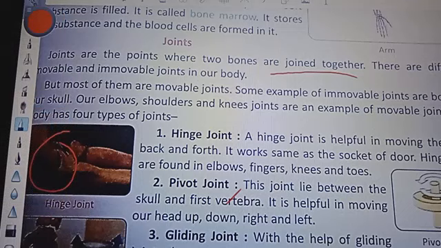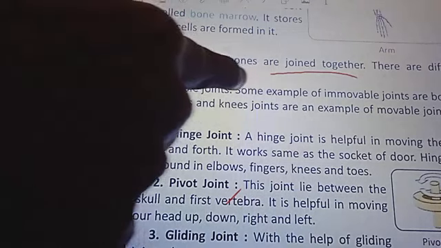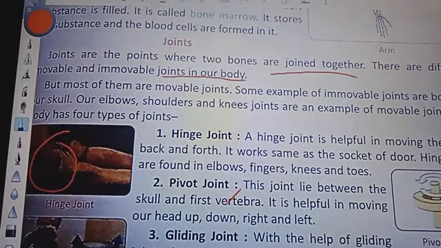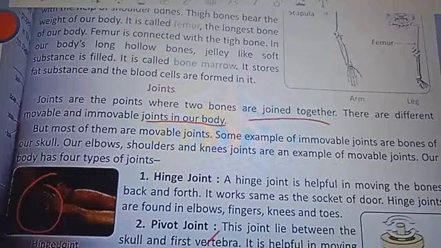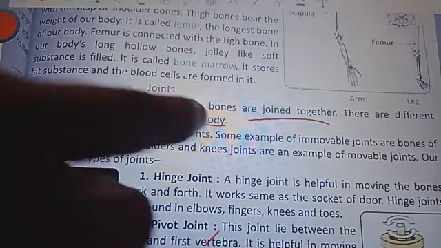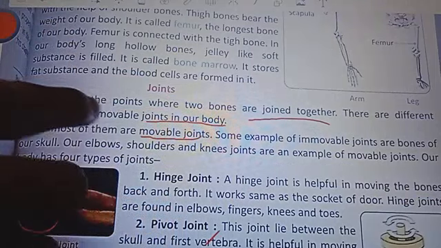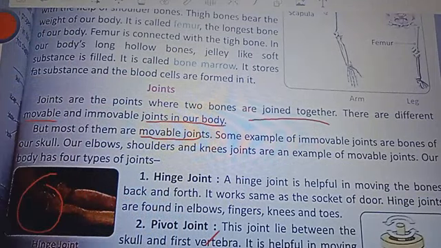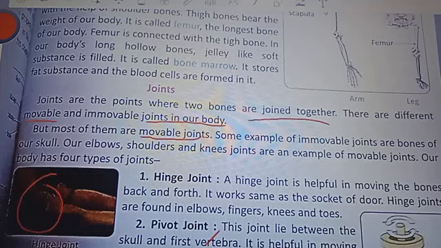There are different movable and immovable joints in our body, but most of them are movable joints. So in our body there are joints which can move and joints which cannot move.